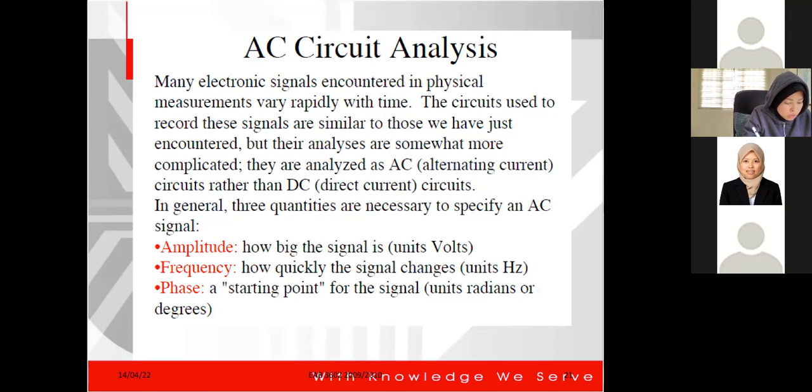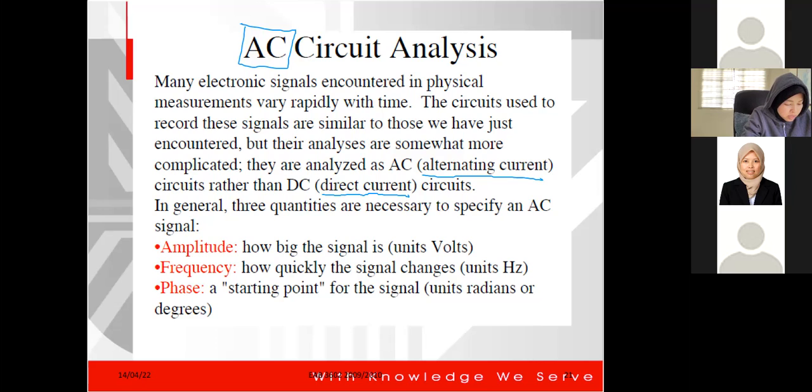The circuits used to record these signals are similar to those we have just accounted, but their analysis are somewhat more complicated lah. So alternating current ni dia lebih complicated. They are analysed as AC, alternating current, rather than DC. Okay, the analysis is sedikit different, sedikit complicated.